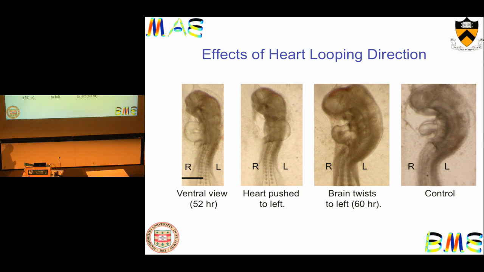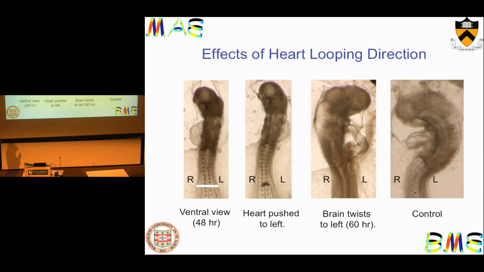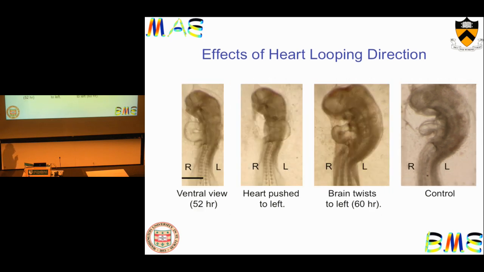We also observed that if the brain already has a significant amount of torsion, then even if we push the heart to the left side, the direction of brain twisting stays the same.